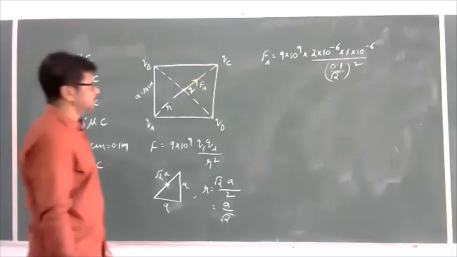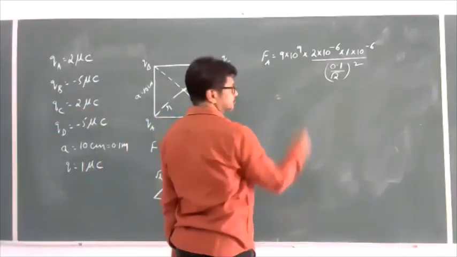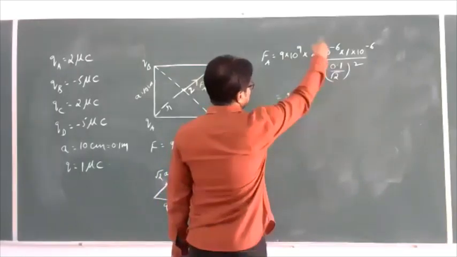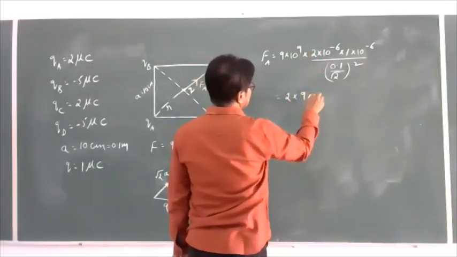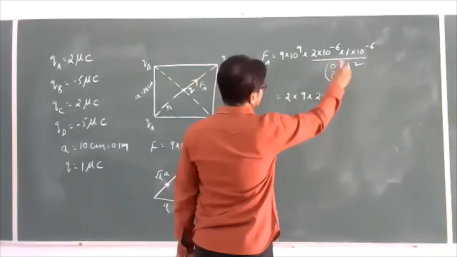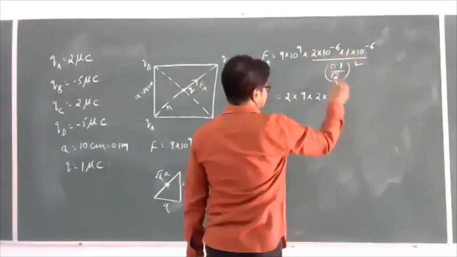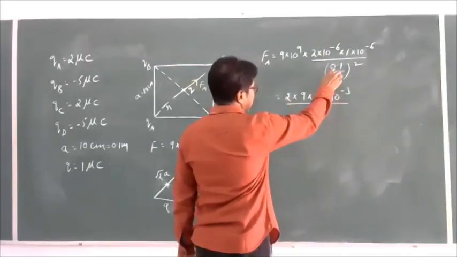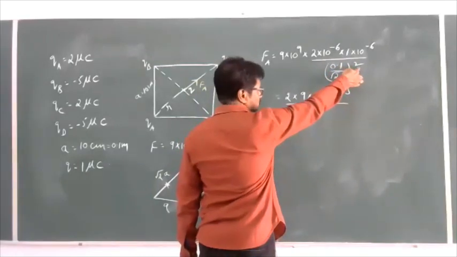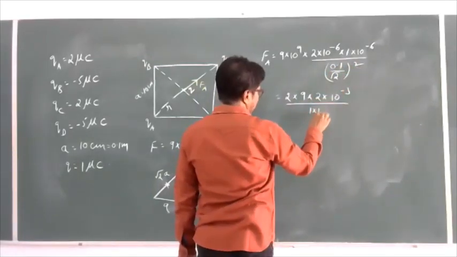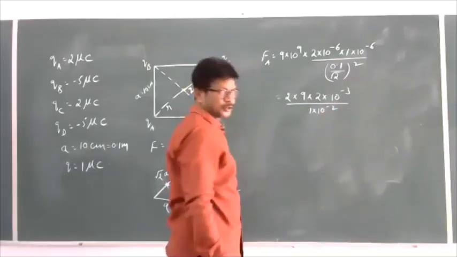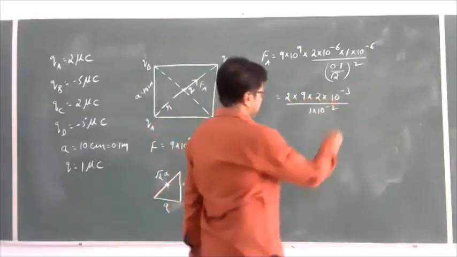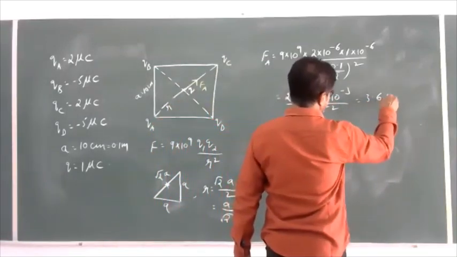If you further simplify, 9 into 2 into 10 to the power of minus 12 divided by 0.1 whole square, which is 1 into 10 to the power of minus 2, we get 3.6 Newton.